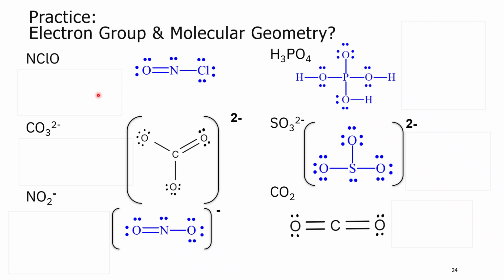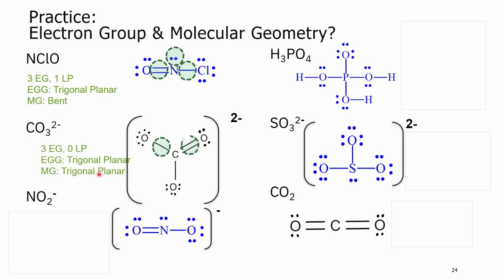Now let's assign electron group geometries and molecular geometries to the Lewis structures you drew in the previous video. For NClO, there are 3 electron groups around the nitrogen atom. One of these electron groups is a lone pair. The electron group geometry is trigonal planar, and the molecular geometry is bent. For the carbonate ion, the central carbon atom has 3 electron groups.